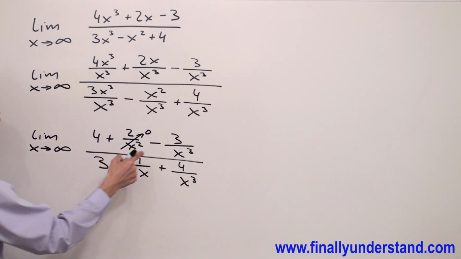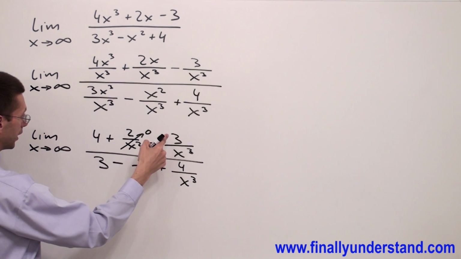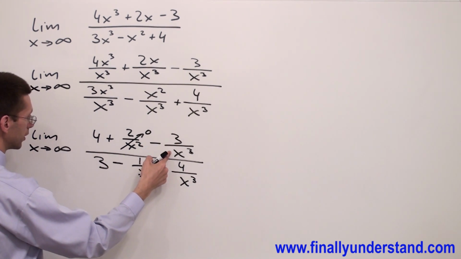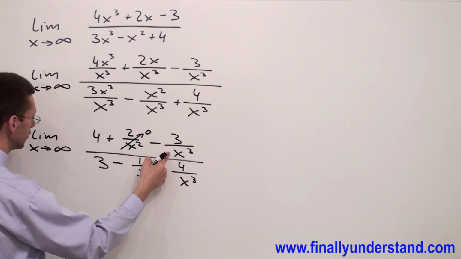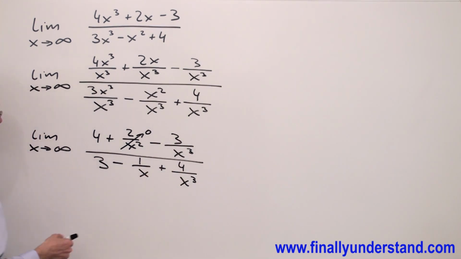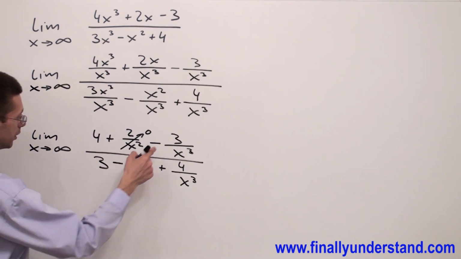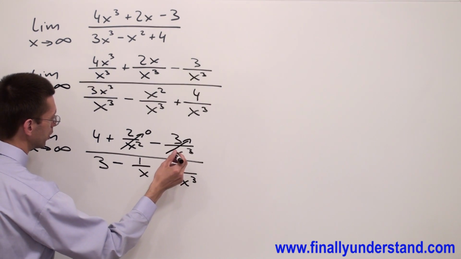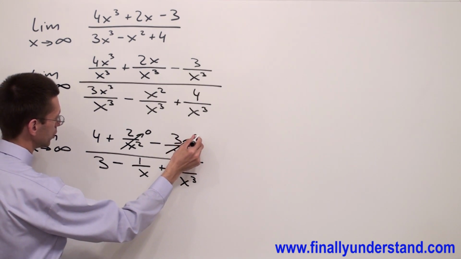Now, let's take a look at another one. My numerator is constant. Denominator is going to infinity and to the third power. This is also a very large number. That's why this term will approach 0.